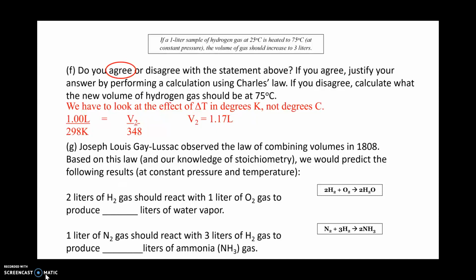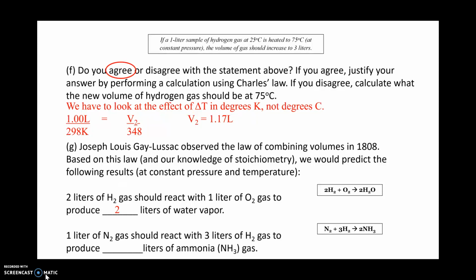All right, letter G. Joseph Louis Gay-Lussac observed the law of combining volumes, and based on this law and our knowledge of stoichiometry, we would predict the following results at constant pressure and temperature. You can see by the first reaction to the right that 2 moles of hydrogen plus oxygen reacts to form 2 moles of water.